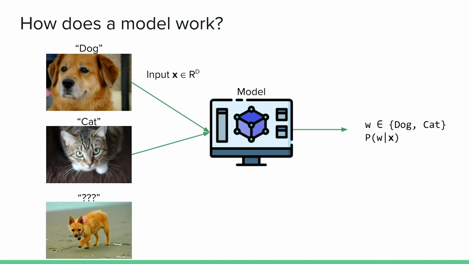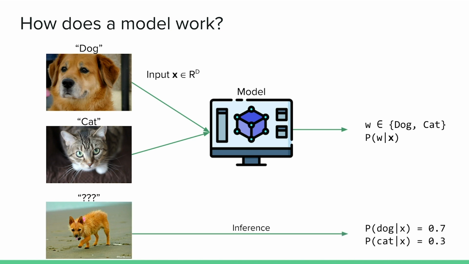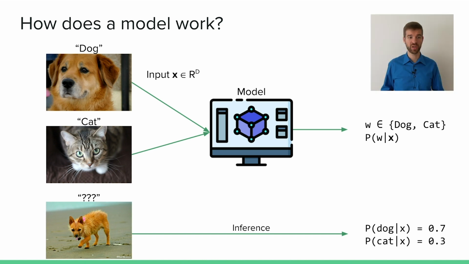So the idea would be that by taking a look at many examples of cats and dogs, it will eventually be able to take a new image, this example here, and be able to say, well, this is a cat or a dog. And this process is what we call inference. So the model typically does this in two different steps.